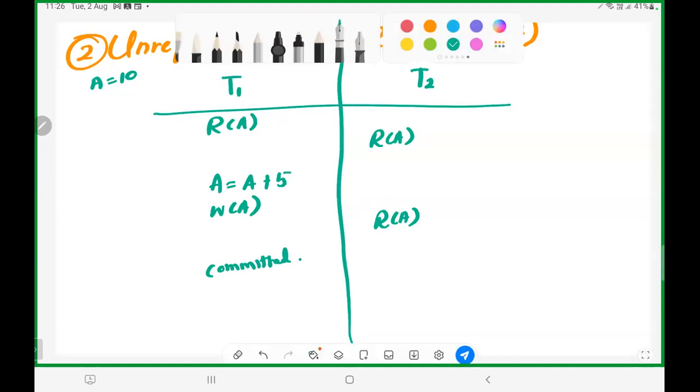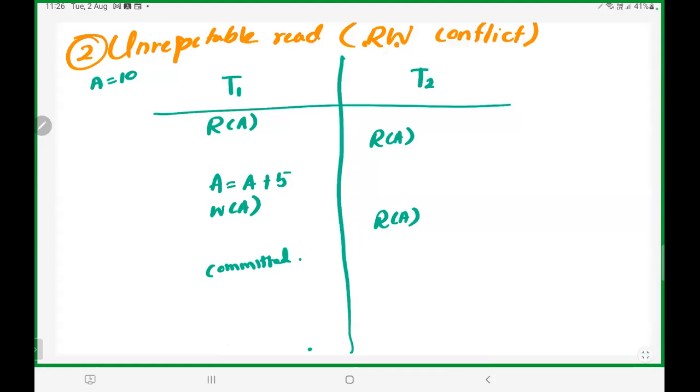Let's see what happened in here. This is the example.